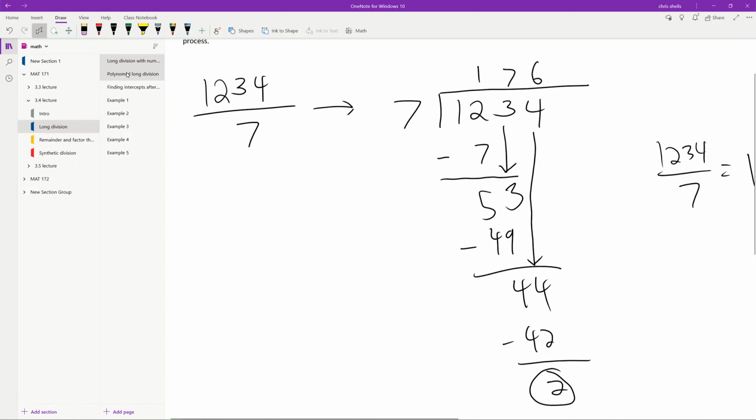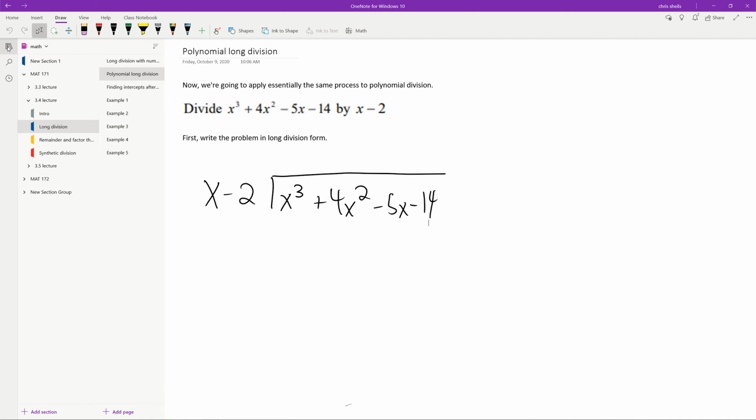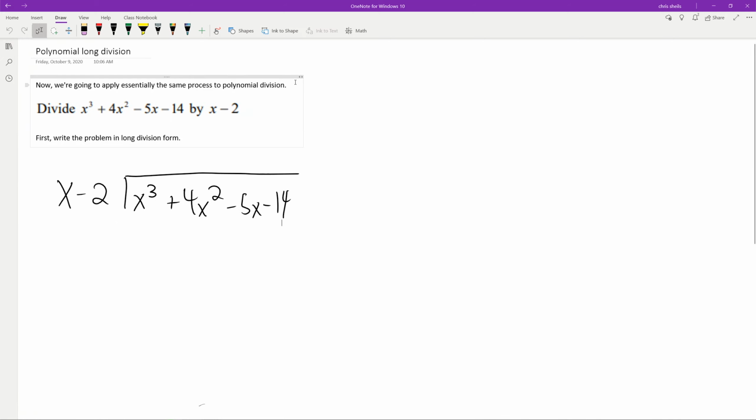Polynomial division is going to be a similar process. If I happen to know one of the factors or one of the intercepts of a polynomial, then I can perform polynomial division. For instance, in the problem that we're given here, I know that x minus 2 is a factor of this polynomial.